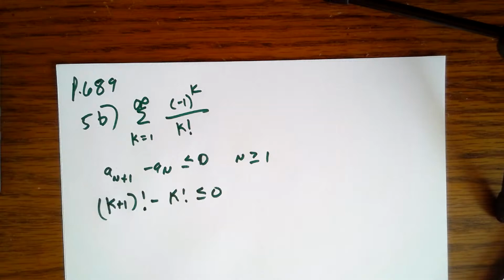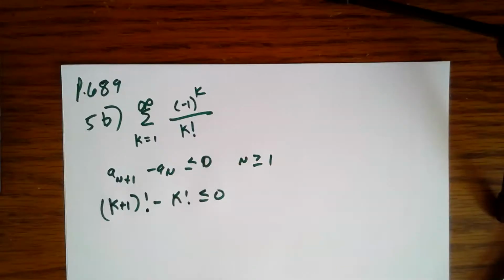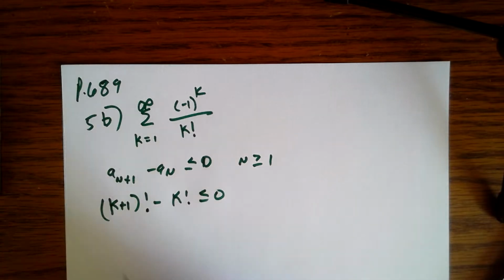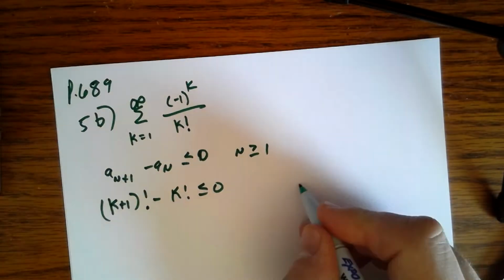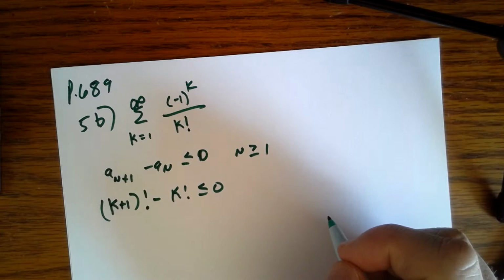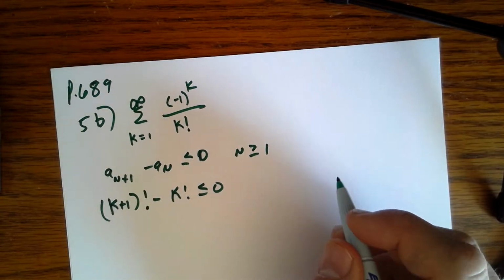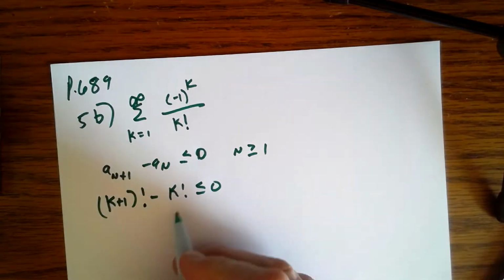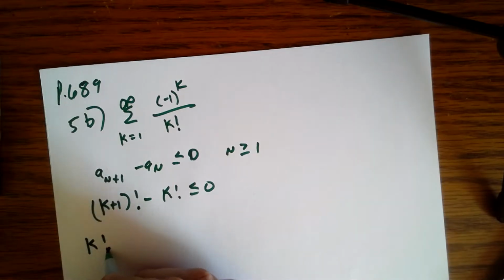Question to you: what do they have in common? I know the ratio test, but let's see if we can work it out with this. If you had x squared minus x, what do they have in common? They both have the term x. What do these both have in common? They both have k factorial.